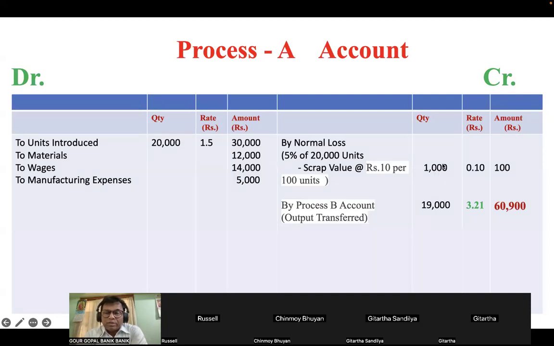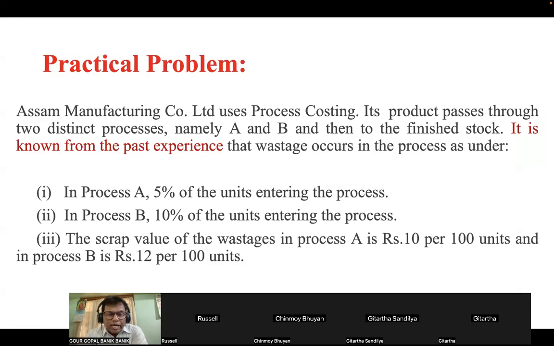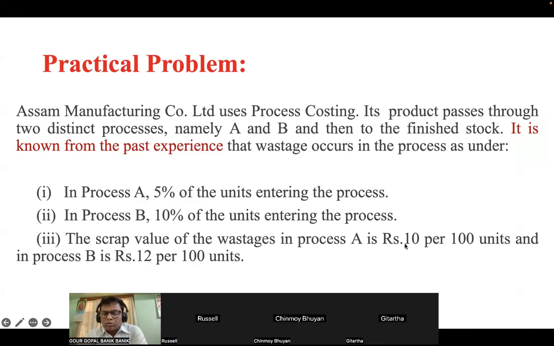Now, dear students, please remember, this normal loss is sold out. If it is not sold out, if there is no scrap value, then you write 1,000 dash dash, just nothing. But in this question, it is mentioned that the scraps of the wastages of process A sell at 10 rupees per 100 units.